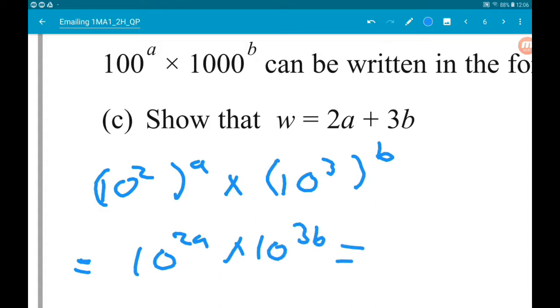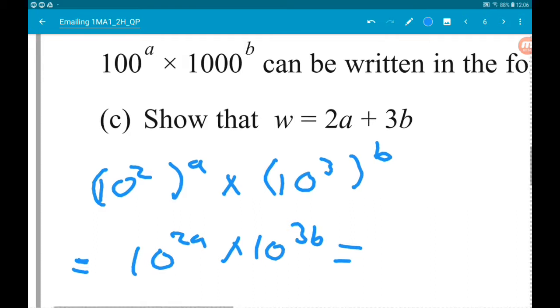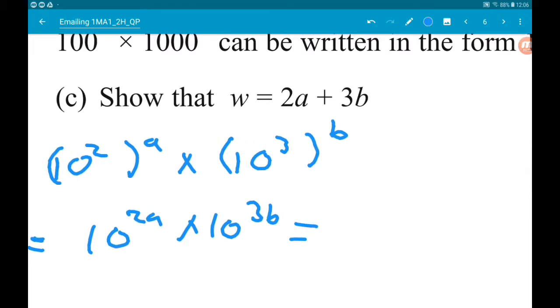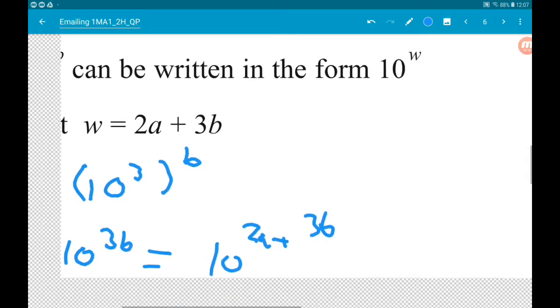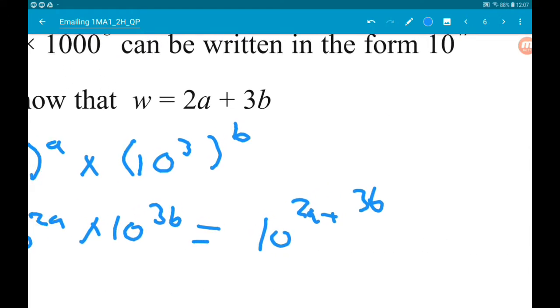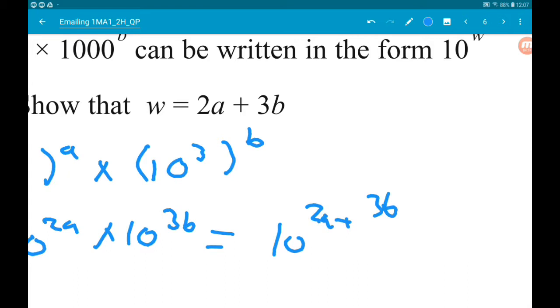And then, by the rules of indices, we now add the powers. So this is 10 to the 2a and 3b. So we were told it was in the form 10 to the w. We've now shown the power is 2a and 3b, which is what we wanted to do.